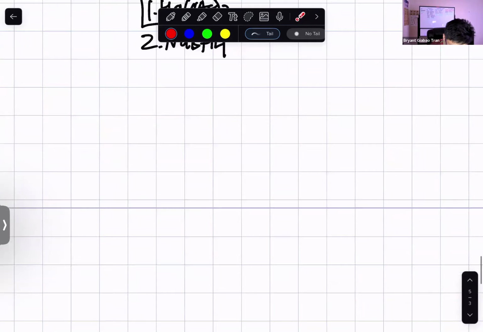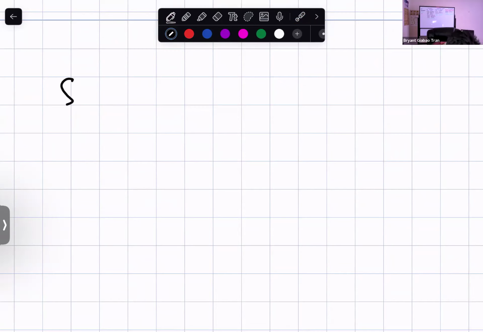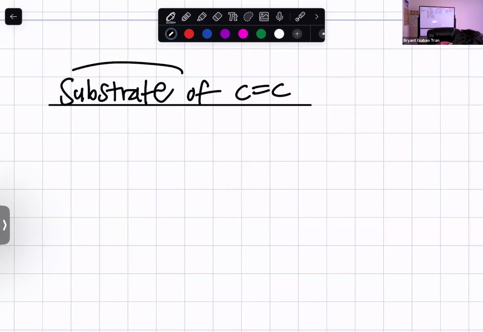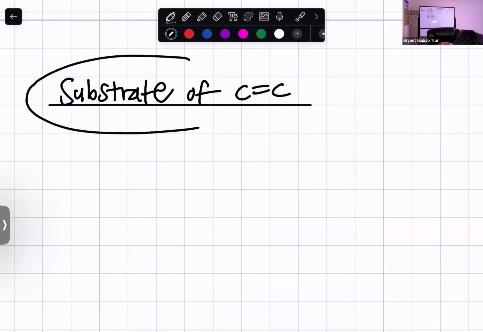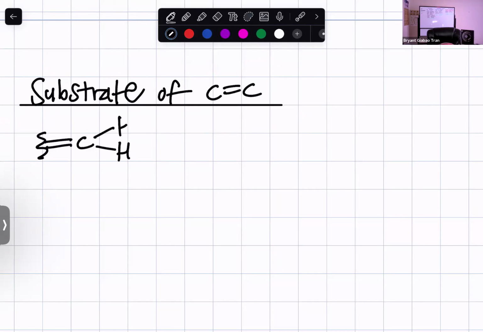Let me go over this reaction more in detail. Let's call this the substrate of the alkene. And I say the carbon is attached to 2 hydrogens.